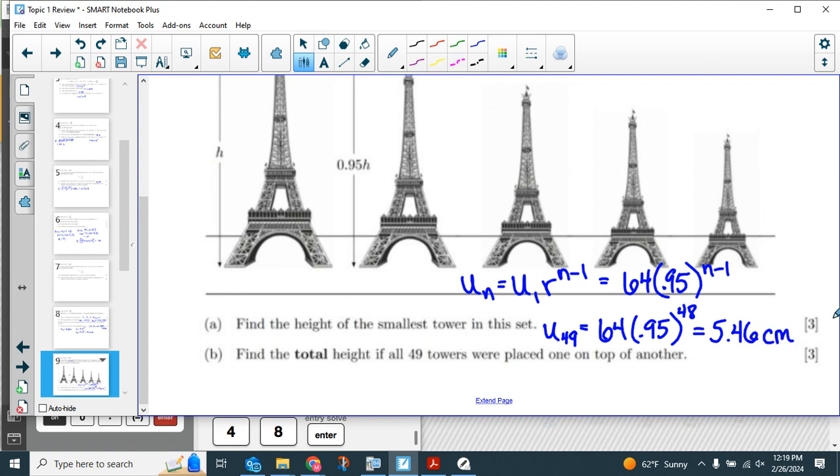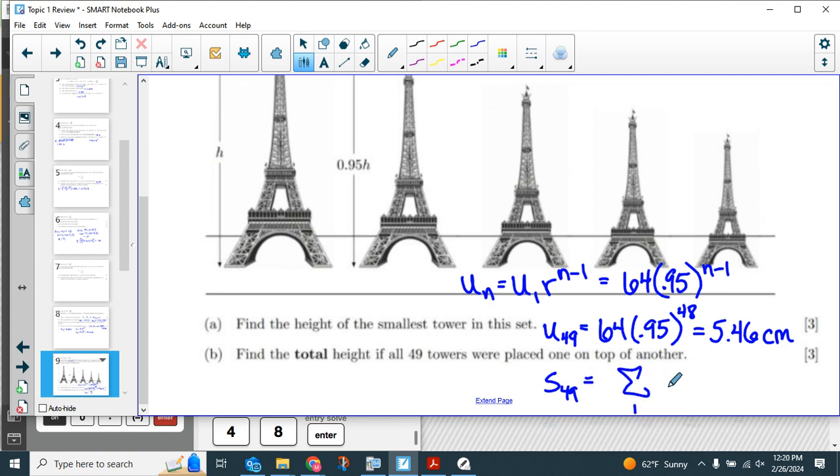All right, find the total height if all 49 towers were placed one on top of another. All right, so that's, again, you can use your formula in your packet for S sub 49 of a geometric series, all right? Or you could use the sigma notation.